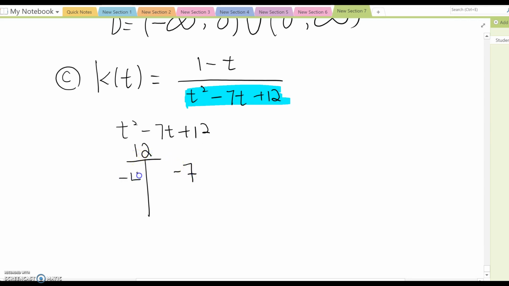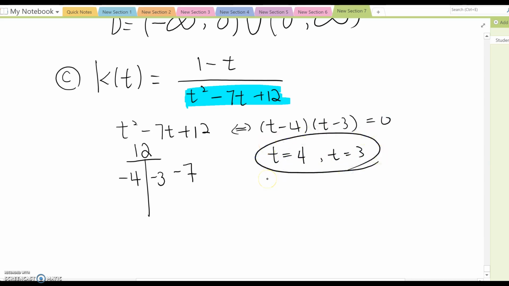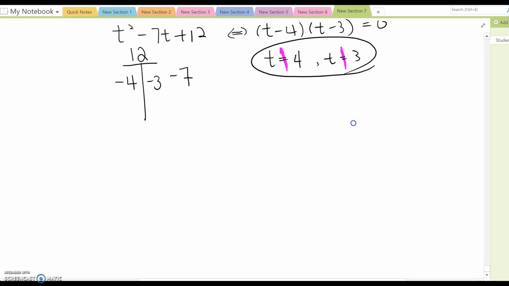Then you will see negative 4 and negative 3. Therefore, the factoring becomes (t minus 4)(t minus 3), set equal to 0. Then t equals 4 and t equals 3. They are our limitation values, which means t cannot be 4, and t cannot be 3. If they are, it will be undefined. Then what about the numerator? It doesn't matter, because the numerator can be 0, but not the denominator.